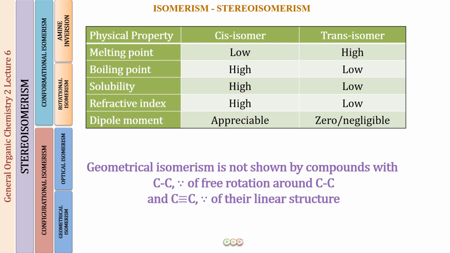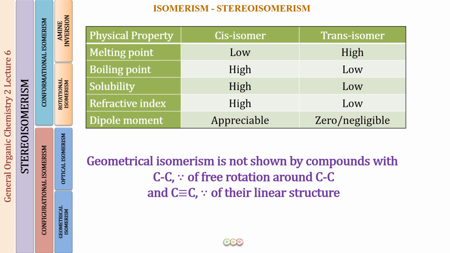Now the next thing is that please do remember, very importantly, that geometrical isomerism is not going to be shown by compounds which have a carbon-carbon single bond, because around a carbon-carbon single bond, even if we have different groups, the atoms can have free rotation.